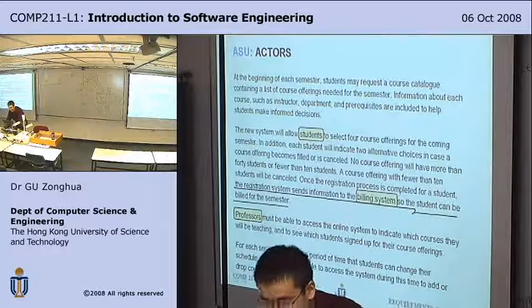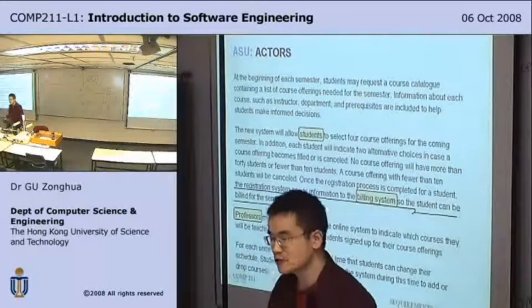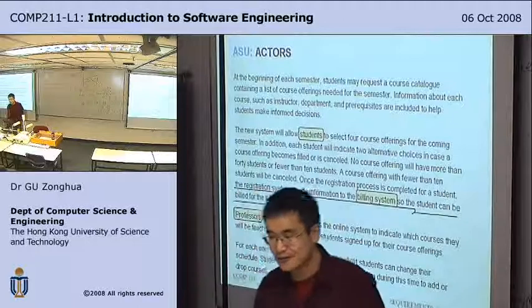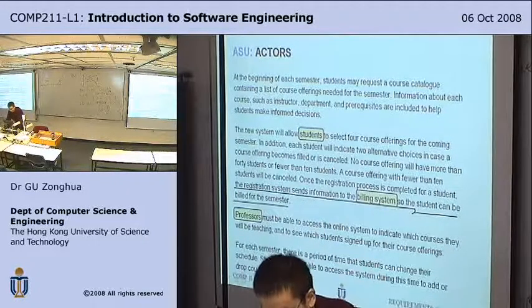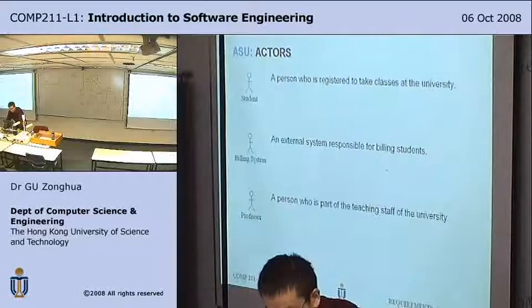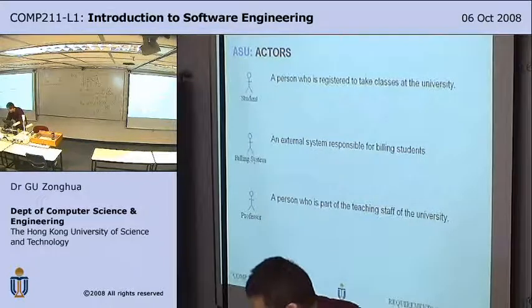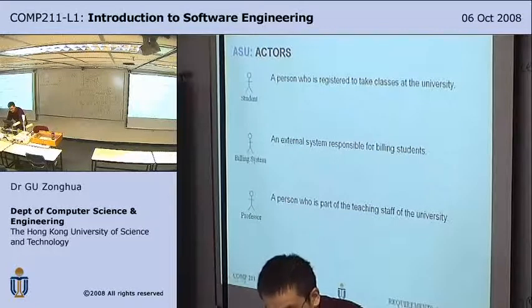The actor does not have to be a human, even though it's drawn with a stick figure. It can be an external system. So now we have identified three actors: student, professor, and billing system.